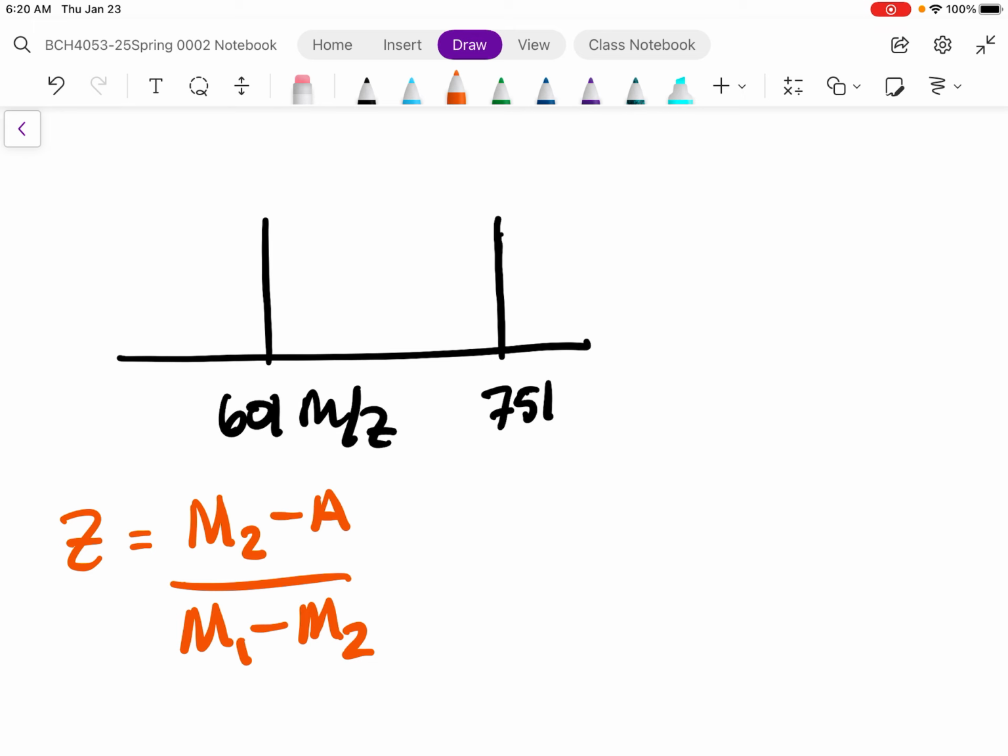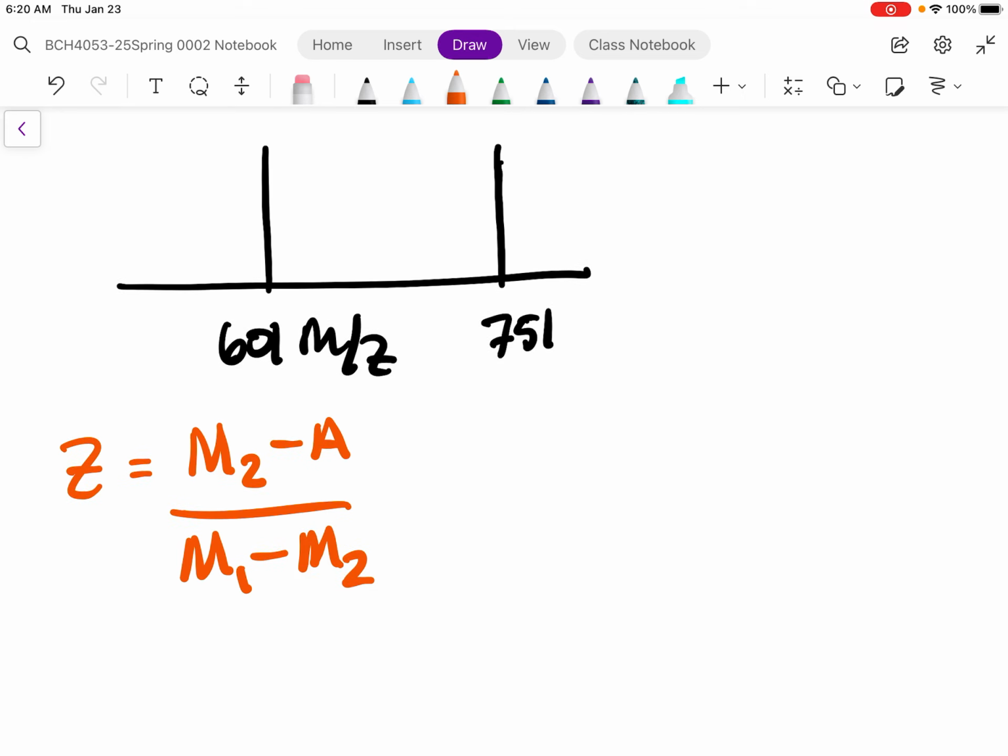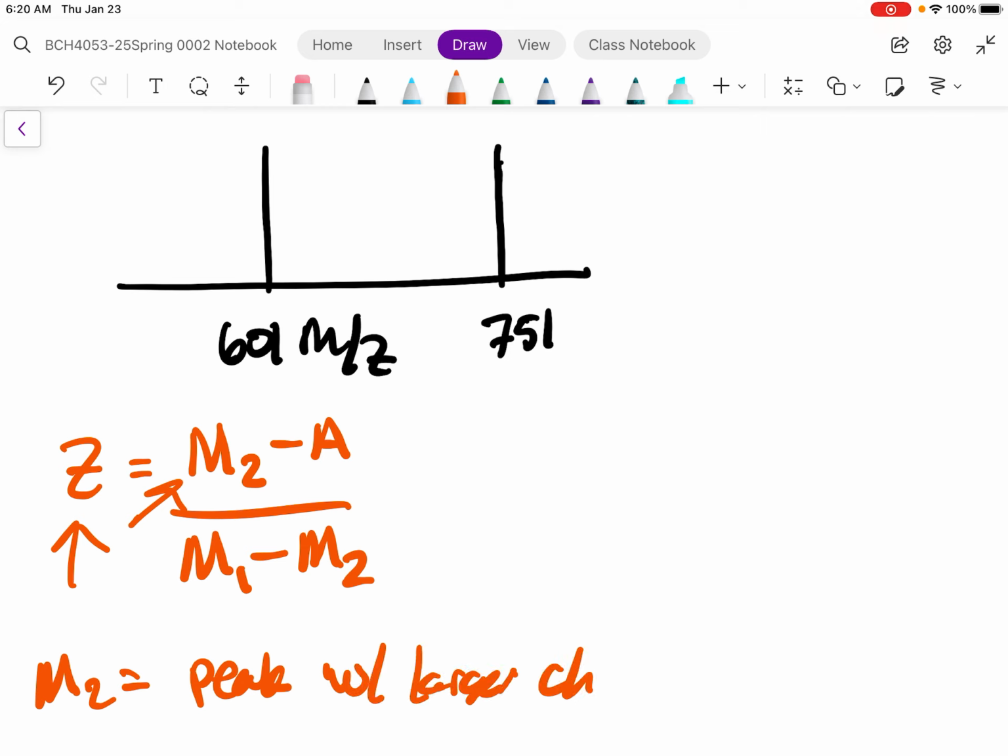Let's establish what those terms mean. Z is simply the charge state. M2 is the peak with the larger charge state, or the larger m over z.